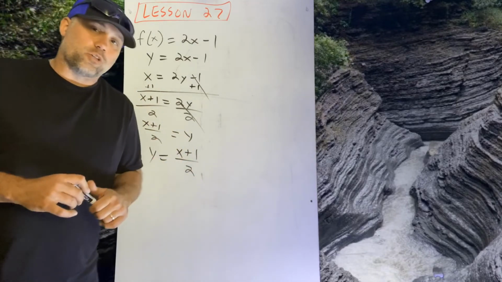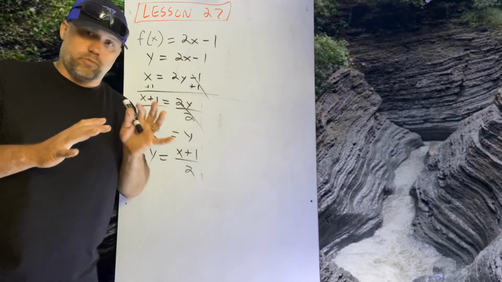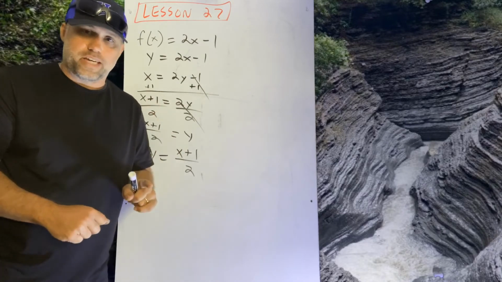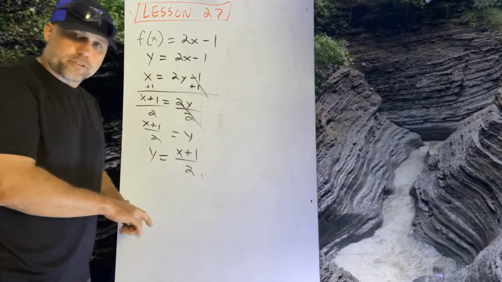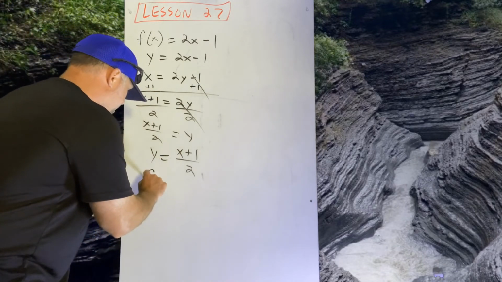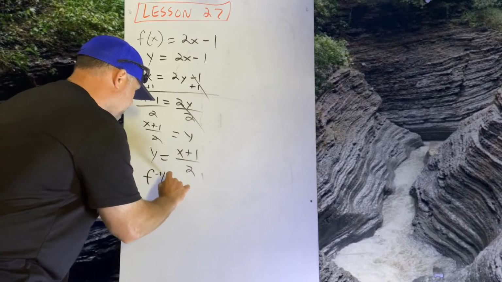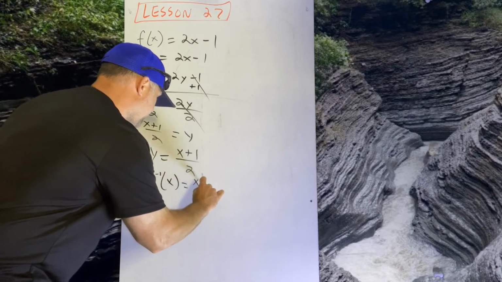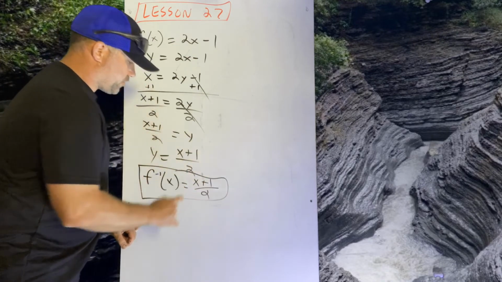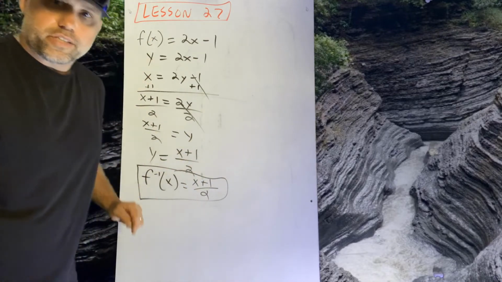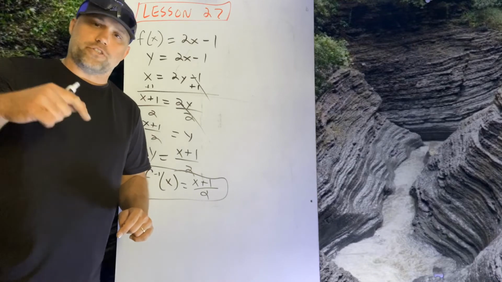Now, if the original equation was in f of x notation like this one was, you would have to go one step further and say that f inverse of x equals (x plus 1) over 2. And that would be your final answer, because the original equation was in function notation.